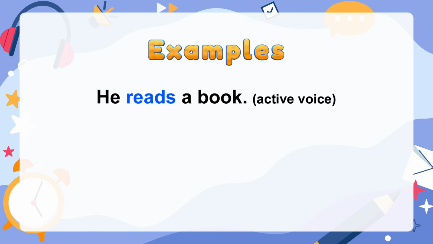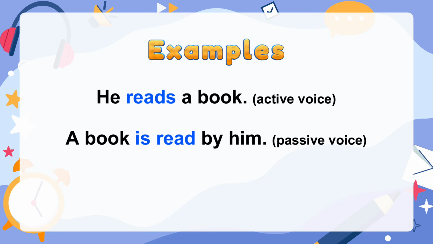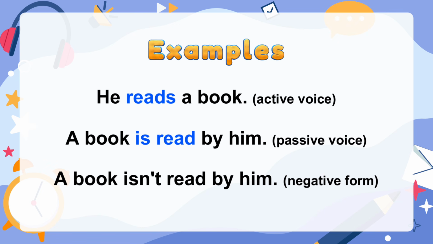Active voice. He reads a book. Passive voice. A book is read by him. Negative form. A book isn't read by him. Here, the subject, a book, is first.